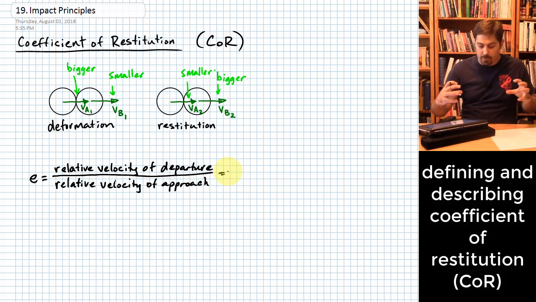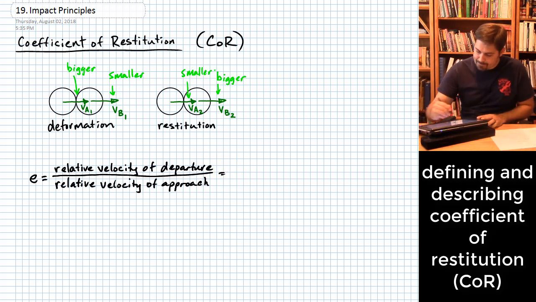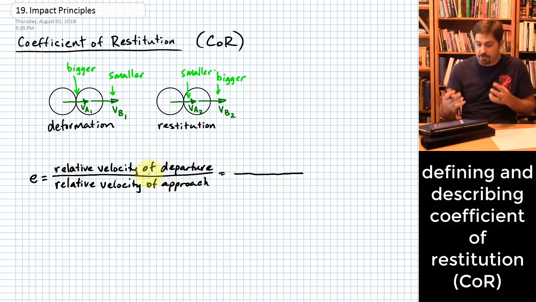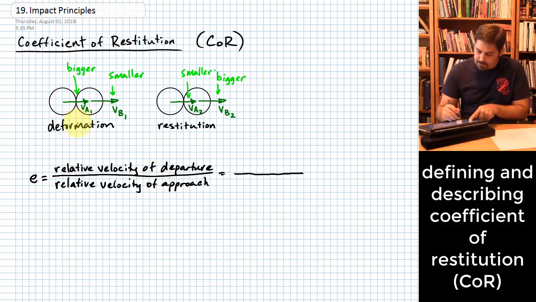Basically, they have a relative velocity to one another whenever they impact, and then they have a relative velocity as they depart. If we state this in terms of the variables I put on here, to have a positive difference in the relative velocity, you take the bigger one minus the smaller one. We look at the departure first, during the restitution phase, in the numerator.